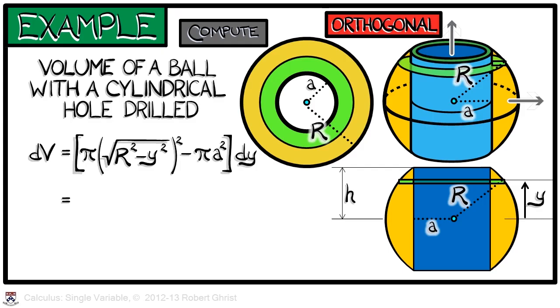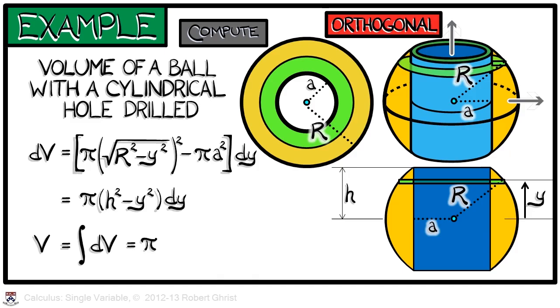We can simplify that a little bit using what we know about this height, h. This yields the volume element pi times quantity h squared minus y squared dy. And thus, computing the volume as the integral of the volume element yields pi times the integral of h squared minus y squared dy, as y goes from negative h to h.